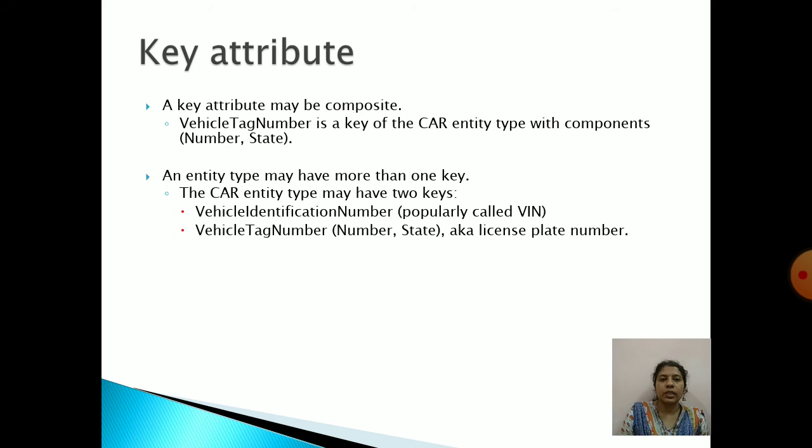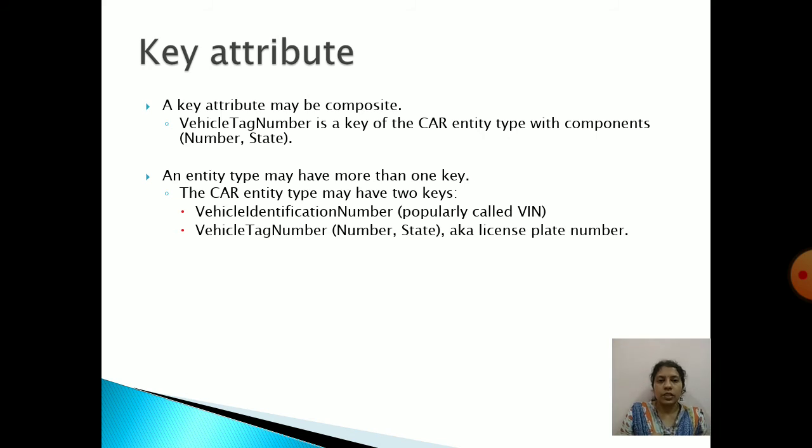A key attribute can be a single attribute, or it can be formed using multiple attributes. Say car is an entity and car has a vehicle tag number, or the registration number. In this registration number, I will have a state code and the number.